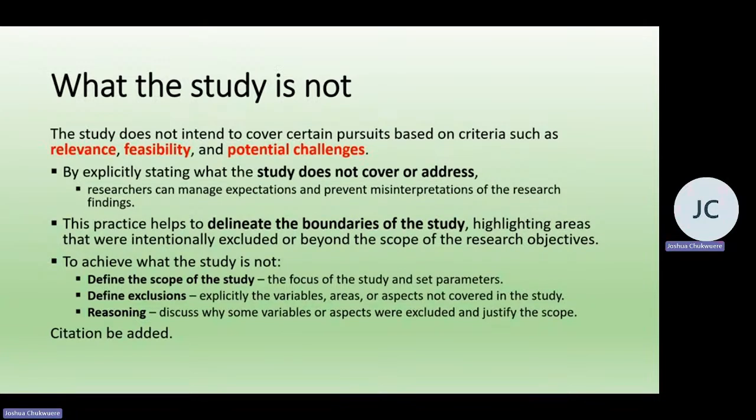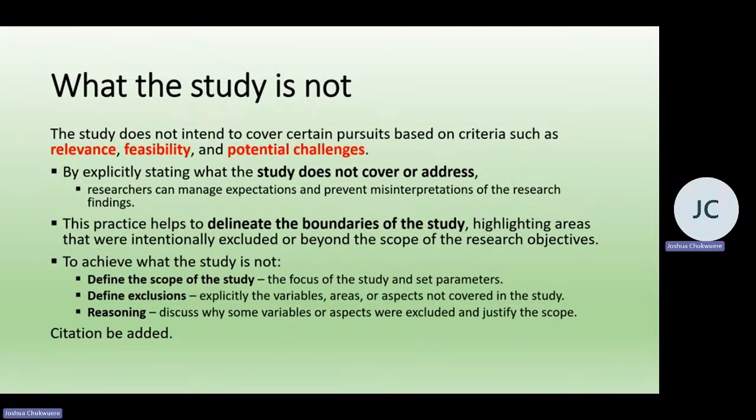So in another section, you're only talking about what the study will not cover. It will not cover A, B, C. The researchers can manage expectations and prevent any kind of misinterpretation of the research findings. So when you're able to define what you are not going to look into, or what the study was not able to cover, you're able to close any forms of argument towards your findings or any forms of expectation.